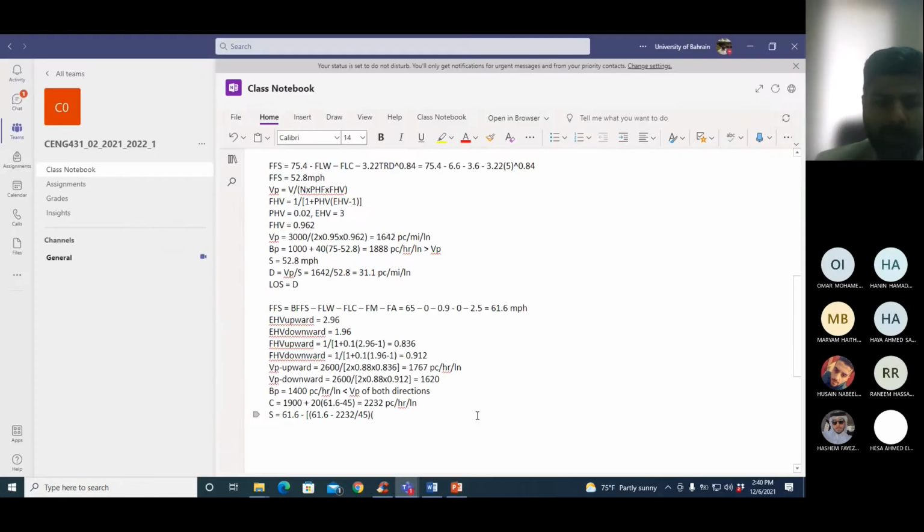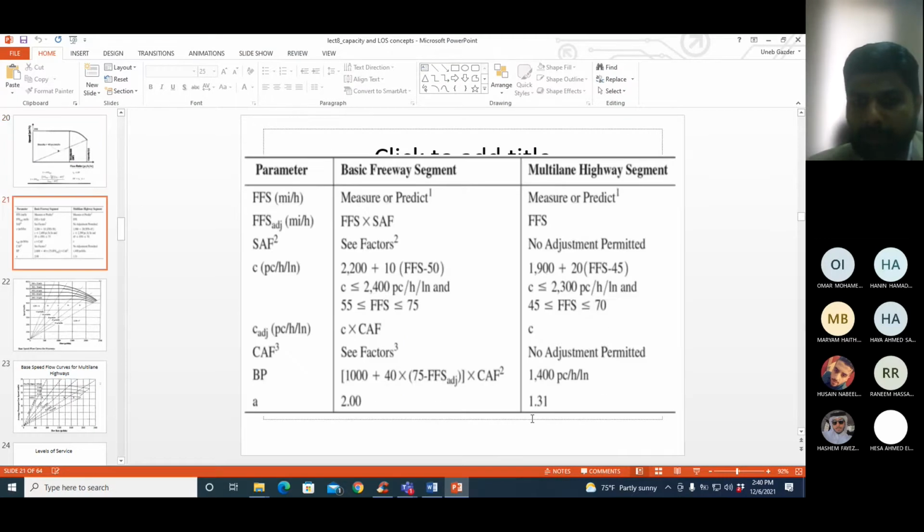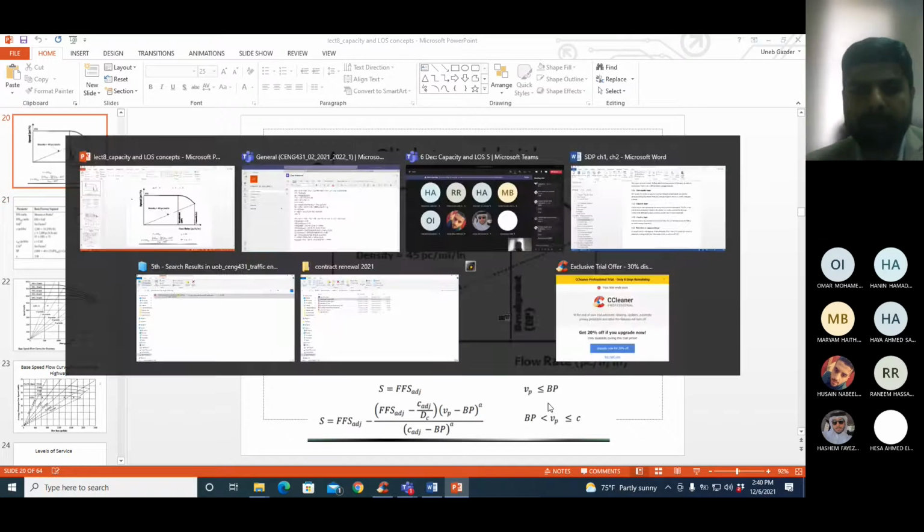BP minus BP. Now I'm doing it for upward, so I'll use a VP of upward: 1767 minus BP, which is 1400, to the power A. A is again fixed for multi-lane highways at 1.31.